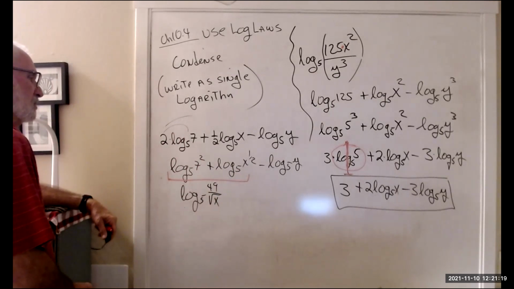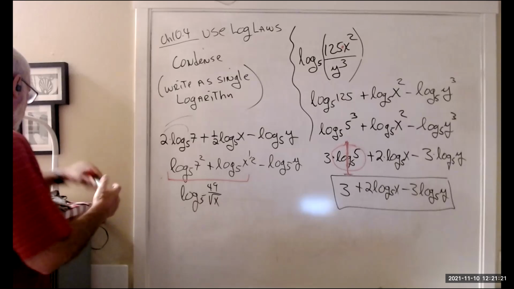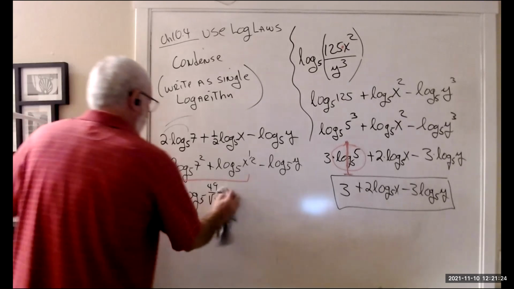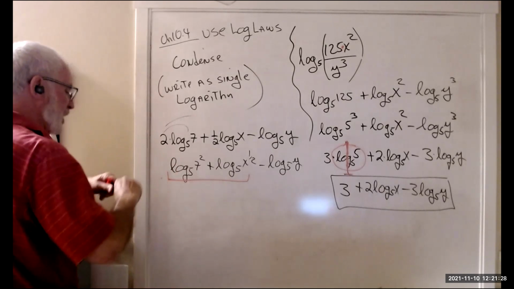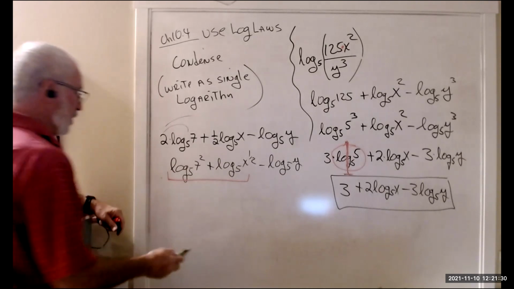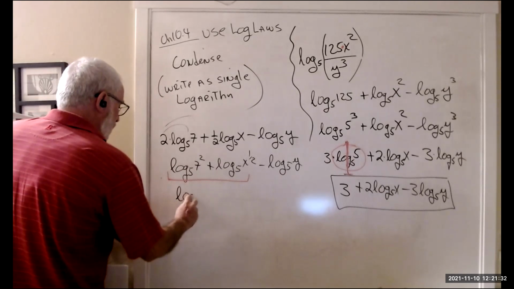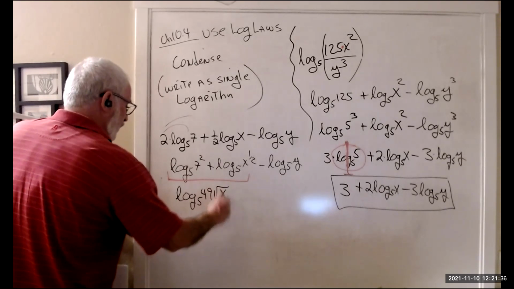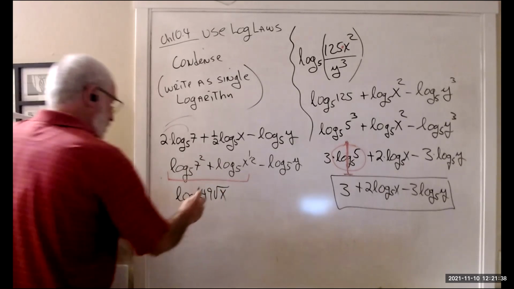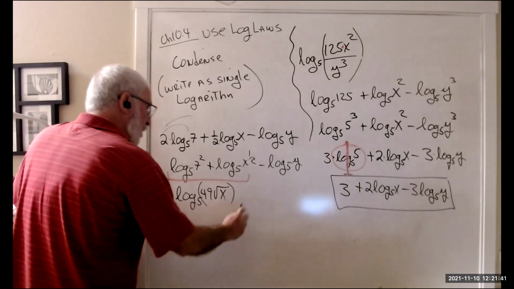Okay. No, come on, Foster. I said that totally wrong. Erase that, edit that out of my video. I'm thinking a step ahead. I'm thinking actually the next problem. I beg your pardon. This is log base 5 of 49 times the square root of x. I'm sorry. Okay.